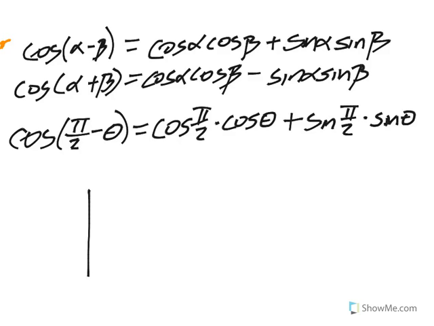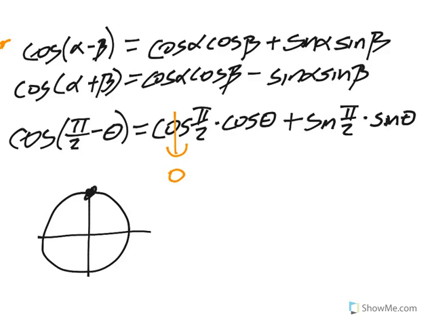But hold on there, I know the cosine of pi halves, that's just the x-coordinate up here. So that's 0. And I know the sine of pi halves, that's just the y-coordinate up there, and so that's 1.